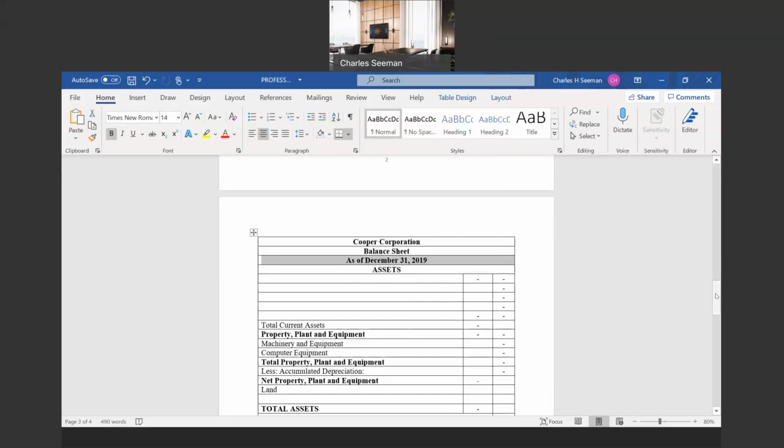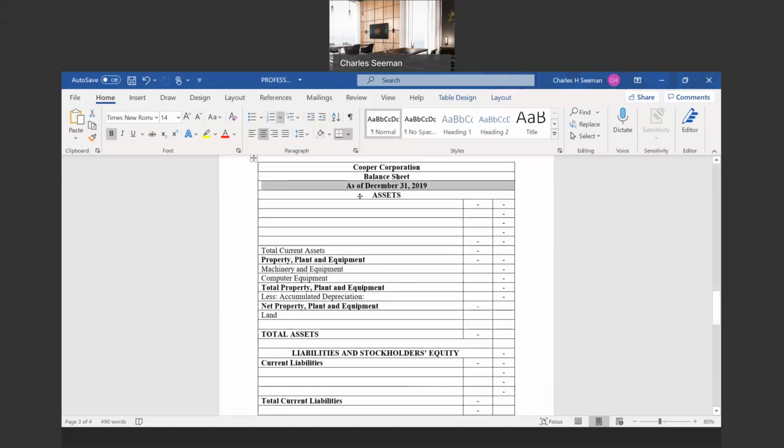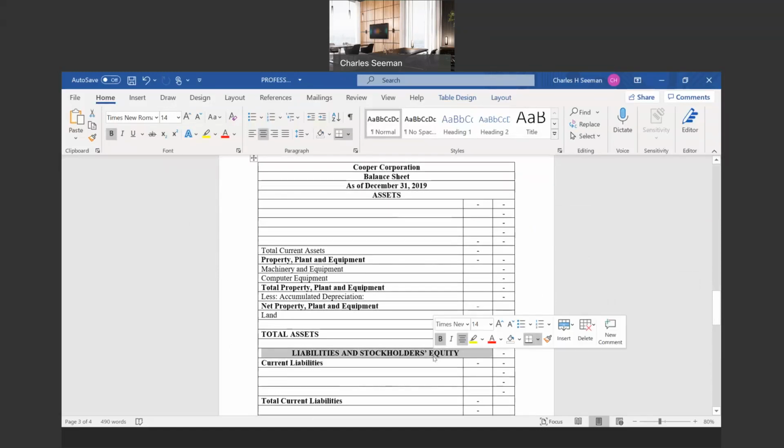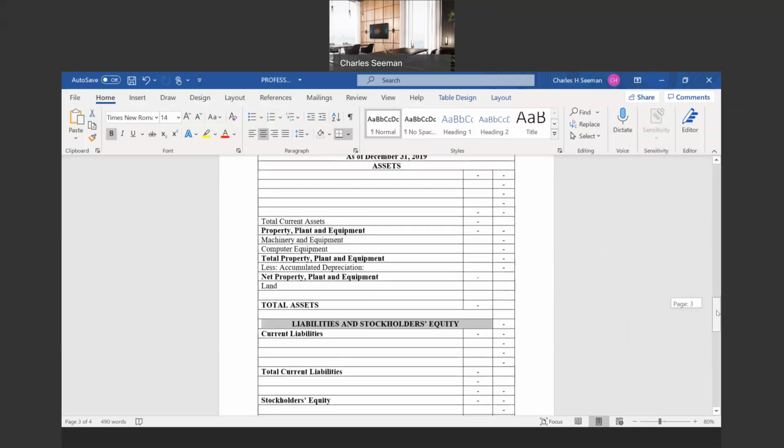The balance sheet shows the other elements in the accounting equation, the assets, the liabilities, and the stockholders' equity. But we've accounted for all 5 types of elements. And as you know, the basic accounting equation is assets equal liabilities plus stockholders' equity, and that's basically what the balance sheet shows.